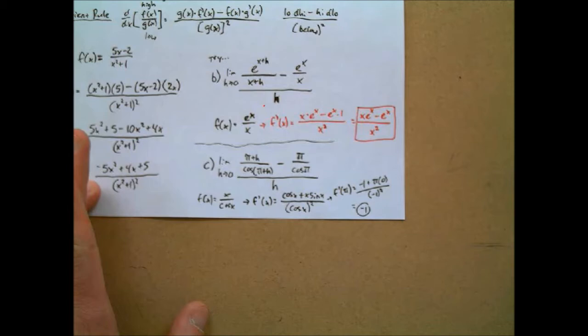What we have to remember though is that the formatting of this is to take the derivative of this function, but then the x is replaced with pi.